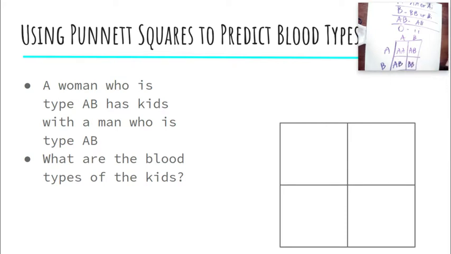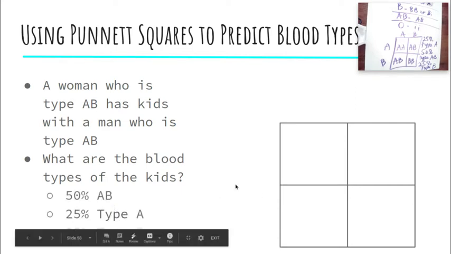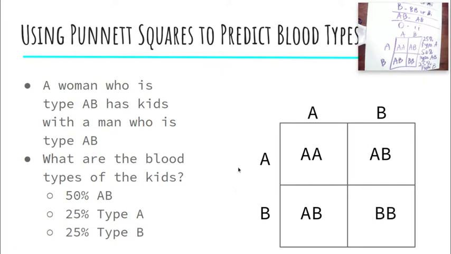When I look at this, I think 25% type A, 50% AB, since there are two ABs, and then the last one, 25% type B blood. Those would be the possible genotypes for their children, and that's basically what I just did in the punnett square.